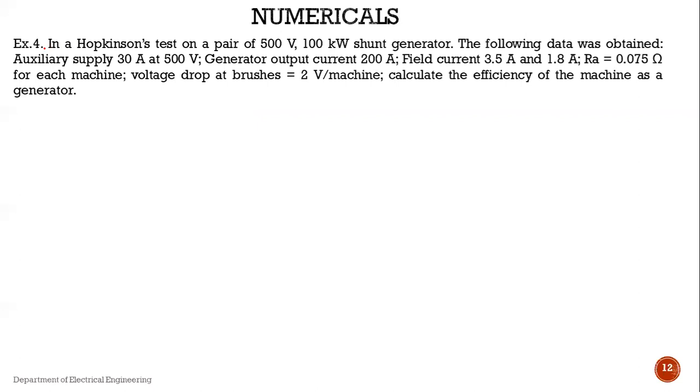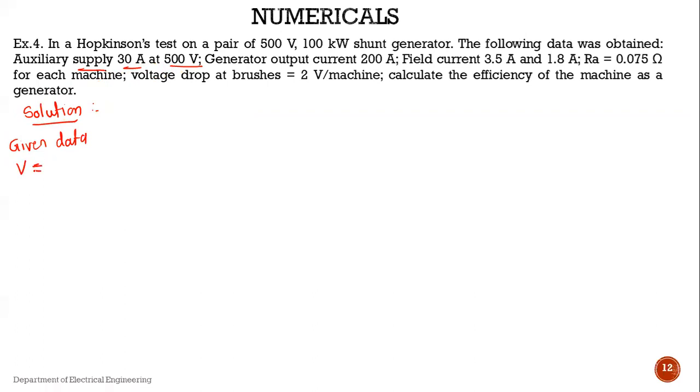In that, auxiliary supply 30 ampere at 500 volt. So see, write the given data, solution. Given data: auxiliary supply 30 ampere at 500 volt. That means supply voltage is given.